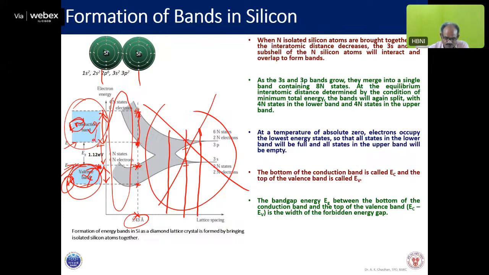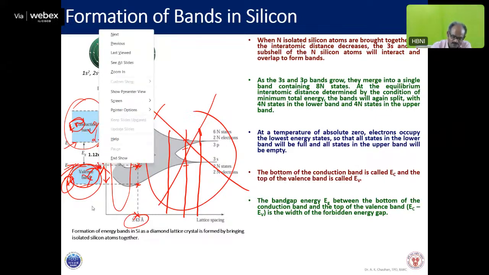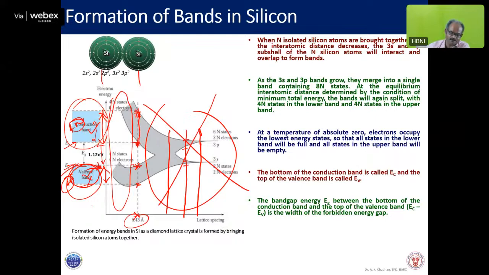Because of this force, it will try to gain energy, adding to its original energy, and this energy will lie somewhere here only. Now this energy is not allowed, so it will not accept it. Understood? This is also a very important concept.